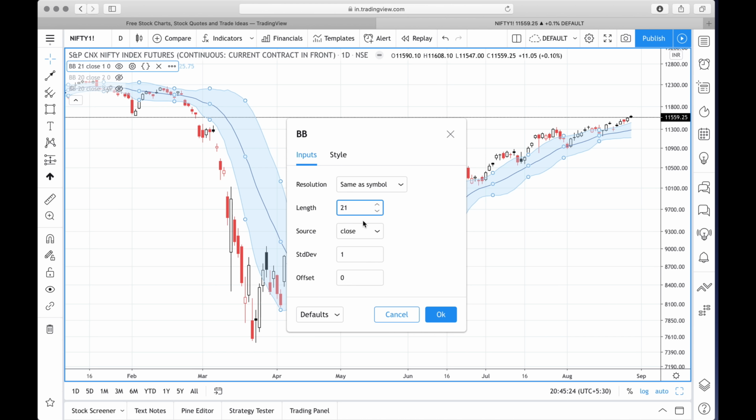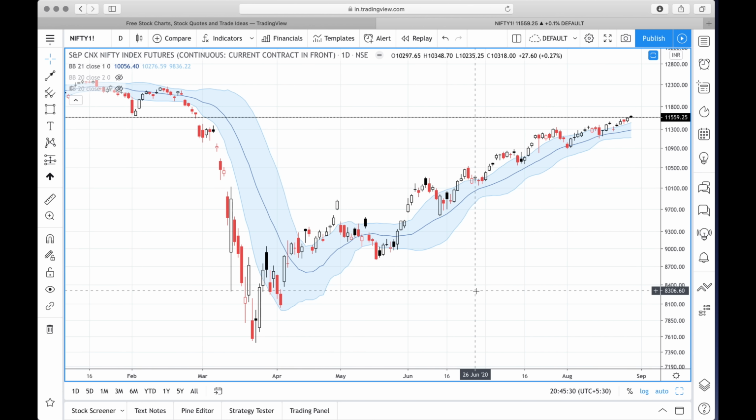And I've taken the standard deviation 1. A basic understanding of standard deviation 1: the Bollinger Band with standard deviation 1 would mean close to 65 to 68% of the prices over the last 21 days should fall within the band.